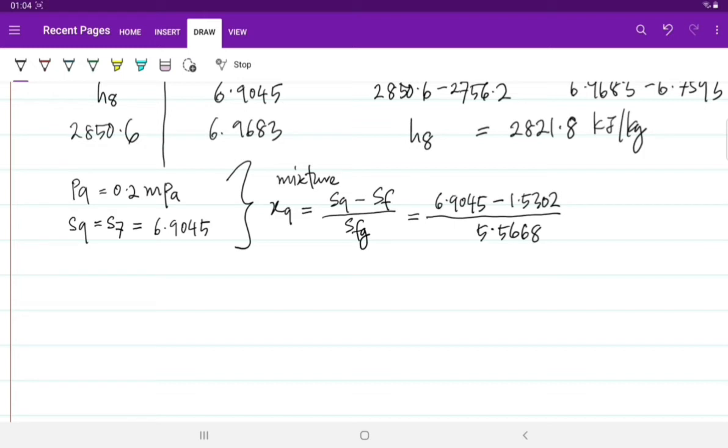Okay, so you put it in the calculator. You got your X9 equals to 0.69. Sorry, 0.96.